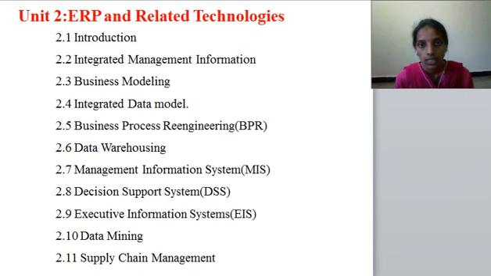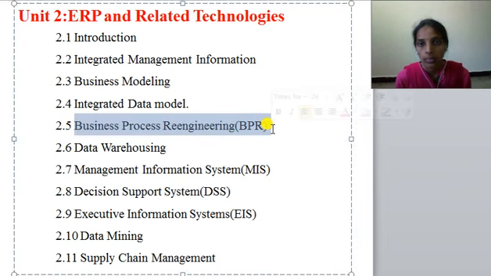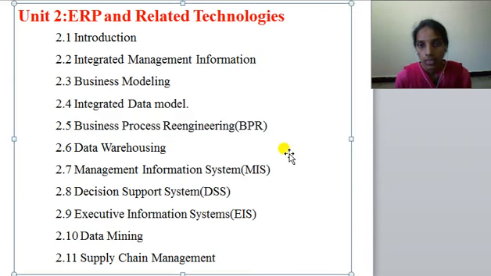The second unit contains ERP and related technologies. With ERP we can use many technologies, and these technologies are learned in unit number 2. The main point is BPR, that is business process re-engineering. When we are using ERP, suppose in our business some processes are new, or we want to add new processes, or we want to delete some processes from our business.